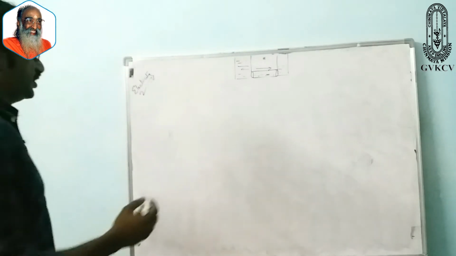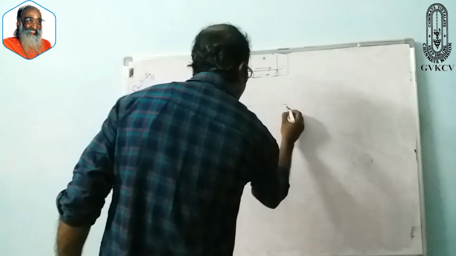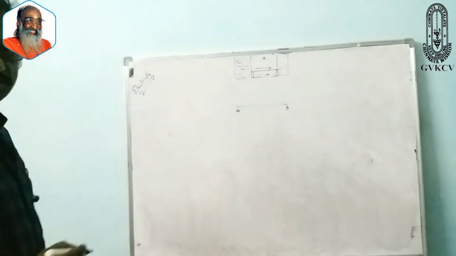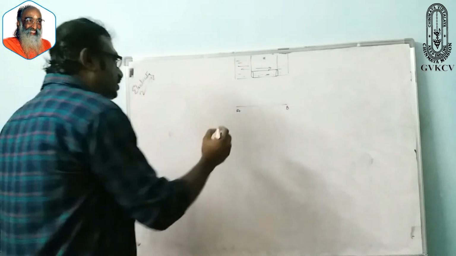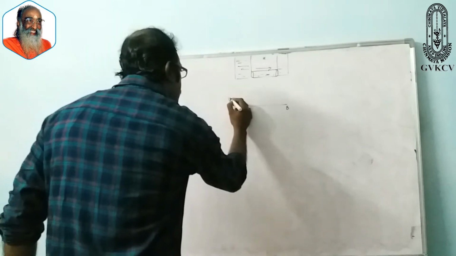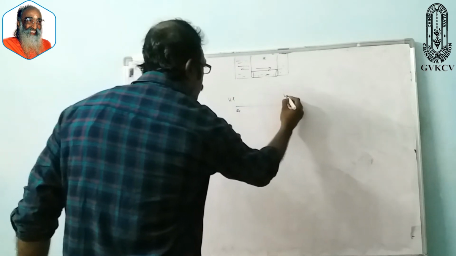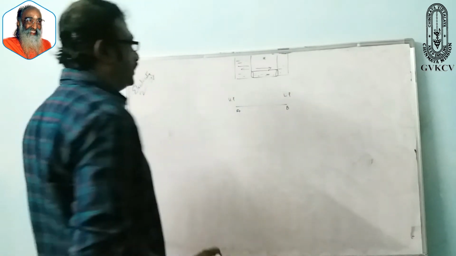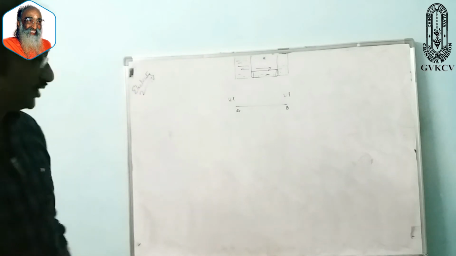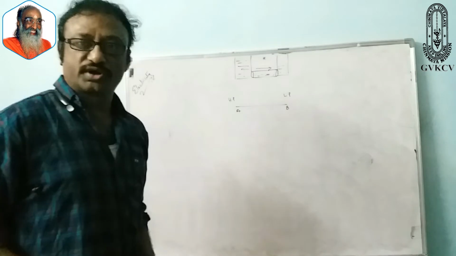Similarly, in a conductor AB, if you want to make the charges flow, one end is to be maintained at higher potential and the other end at lower potential.